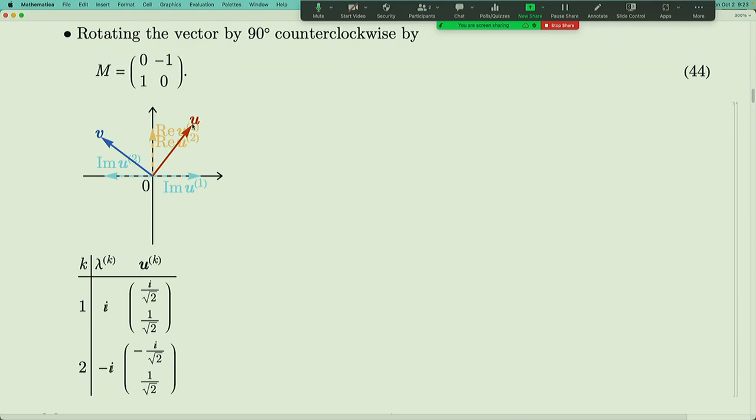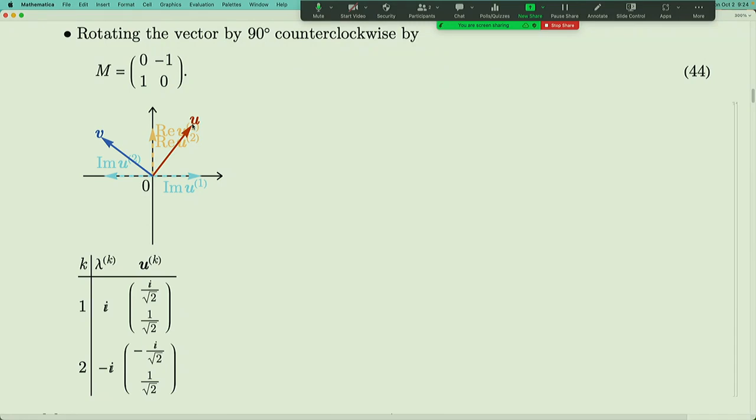But if you go beyond the real domain, this is a lesson to learn: it is not true that if you start from a real matrix, all the eigenvectors and eigenvalues will remain in the real domain. You may start from a real matrix, and the eigenvectors, as I listed here, are complex vectors, and the corresponding eigenvalues are also complex. In this case, they are purely imaginary complex numbers.